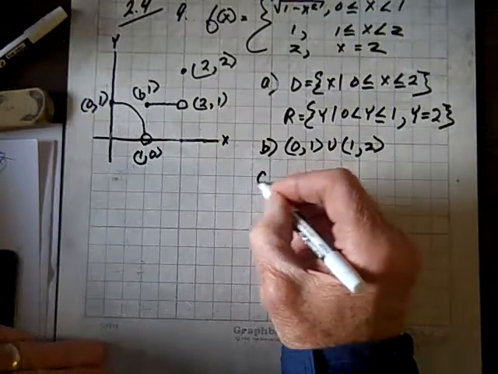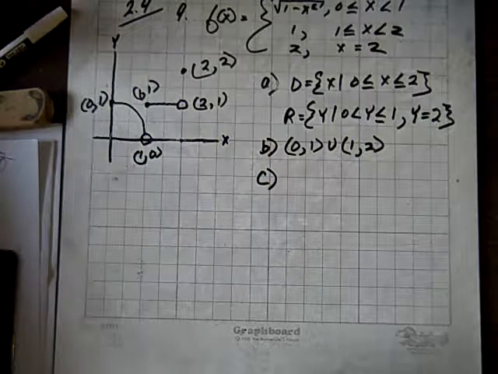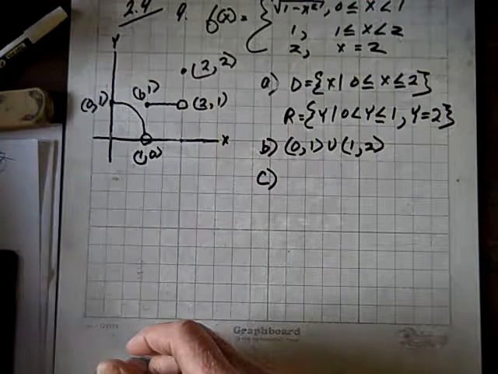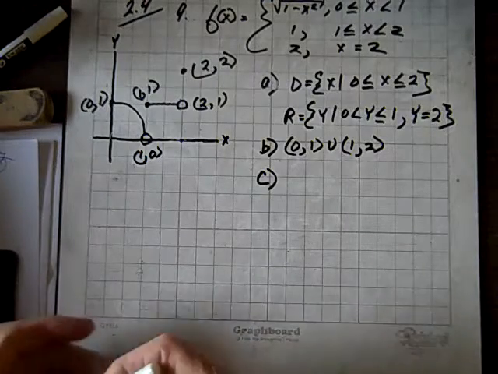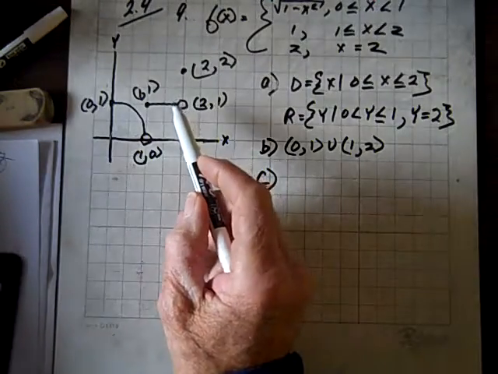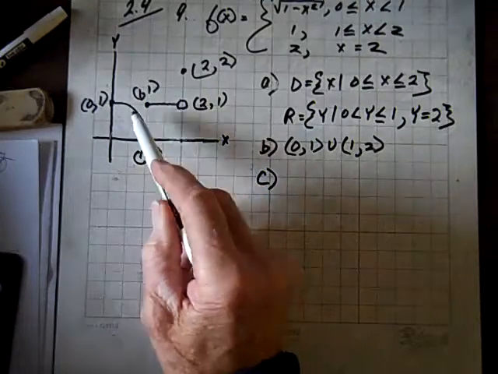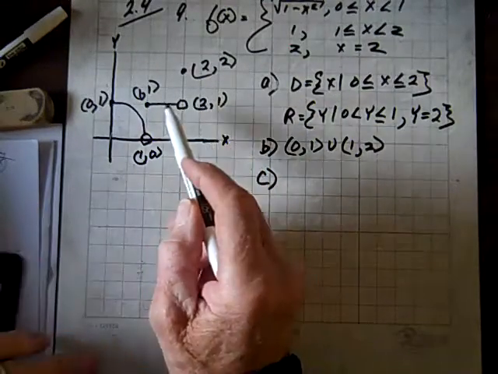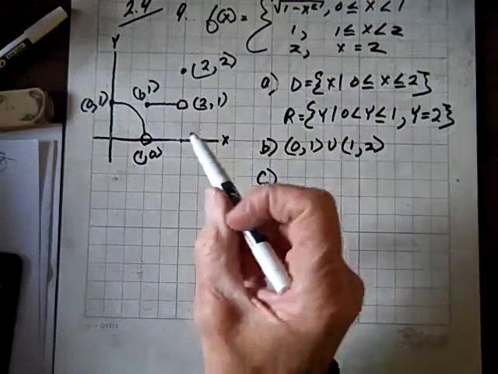Now c, it says at what points does only the left-hand limit exist? Well, the left-hand limit concerns all the points to the left of whatever this limit might be as we approach from below.